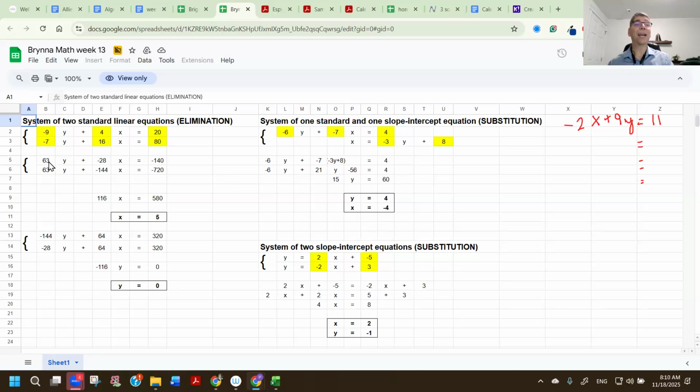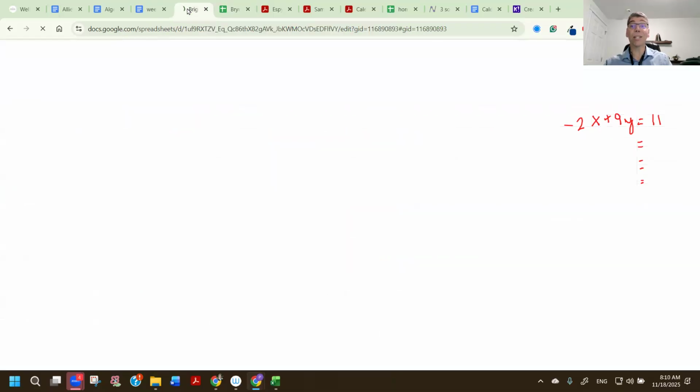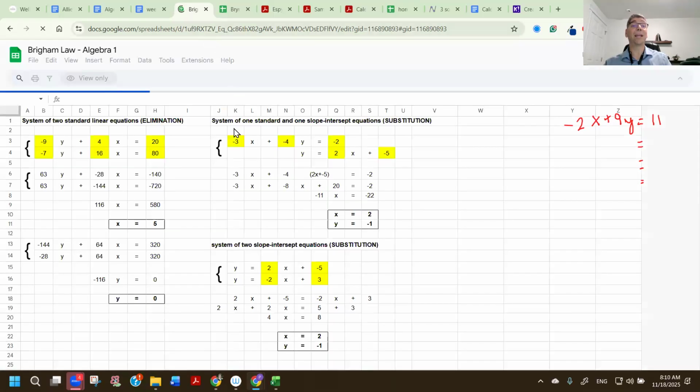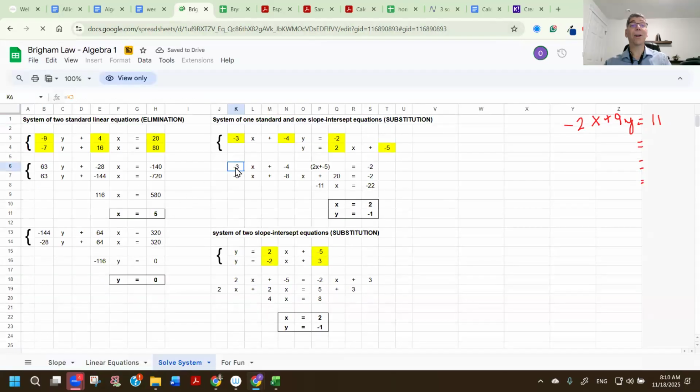The operations are correct, but this is not a functional spreadsheet. We want to get a functional spreadsheet like this one that Brigham did, where you actually have the formulas in order to solve the systems.